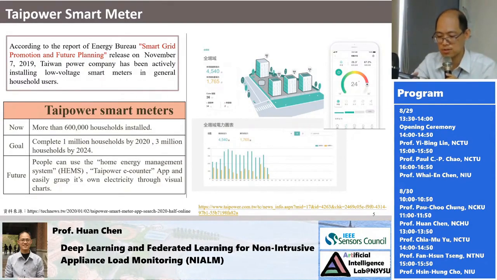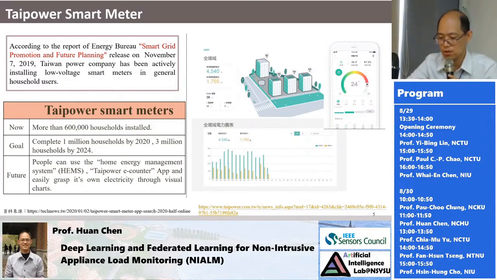The progress is as follows. Now over 600,000 households have installed the smart meter already, and the goal is to install 1 million households by 2020 and 3 million households by 2024.